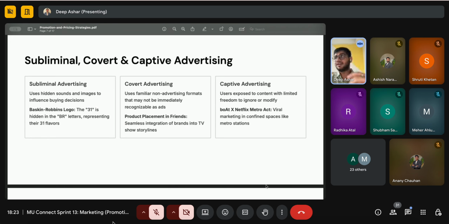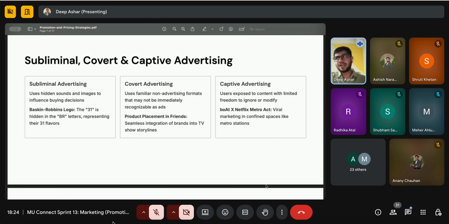Another way, which a lot of brands also do today, is using voices or sounds. If we open a Coke, the sound that comes out gives you a recollection of Coca-Cola usually. So it's using sounds, lights, and colors that people associate with the brand.